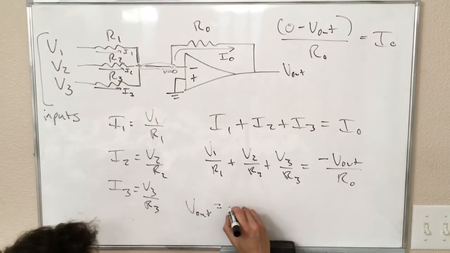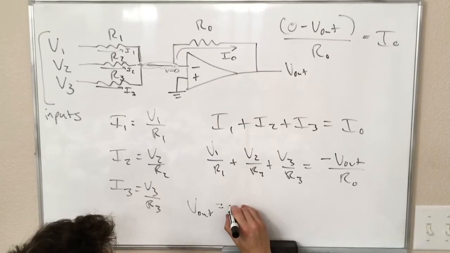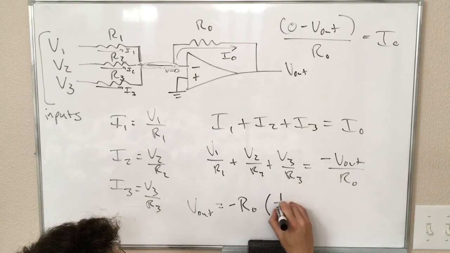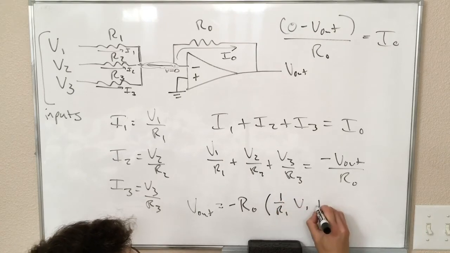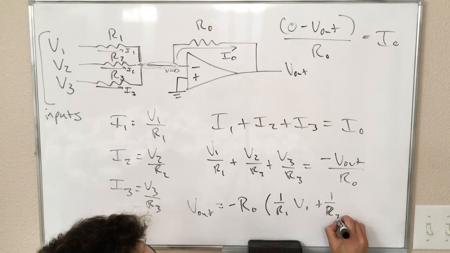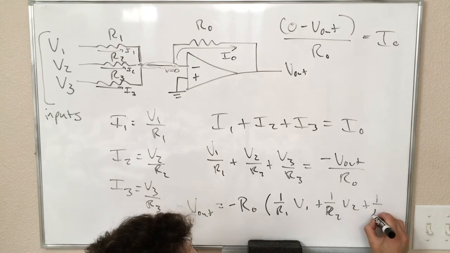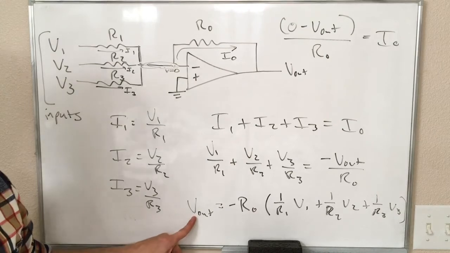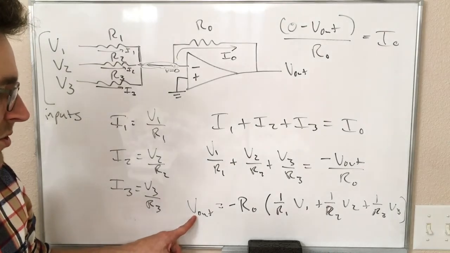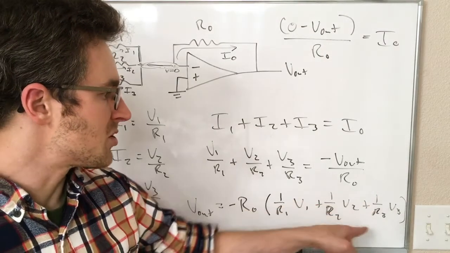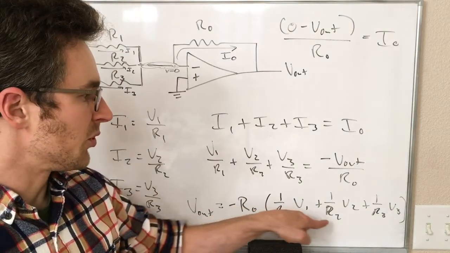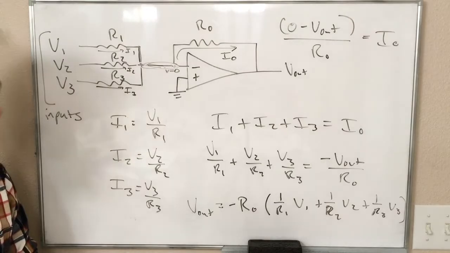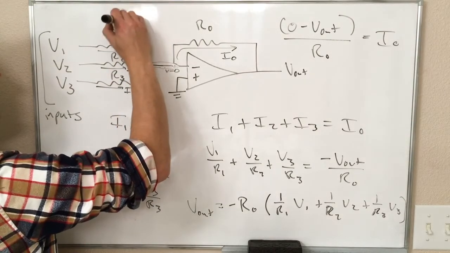So V out is equal to minus R0 times (1 over R1 V1 plus 1 over R2 V2 plus 1 over R3 V3). So our output voltage is proportional to some combination of the input voltages, each multiplied by some number and then added together. So this is called a summing circuit.